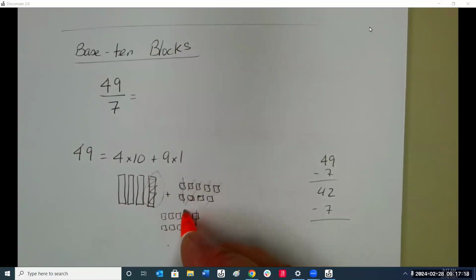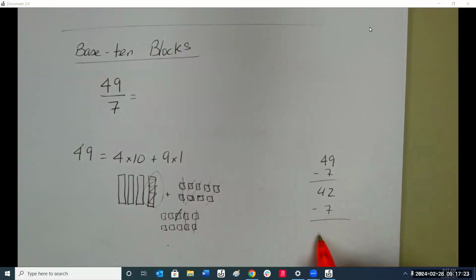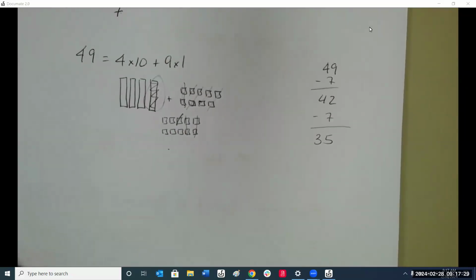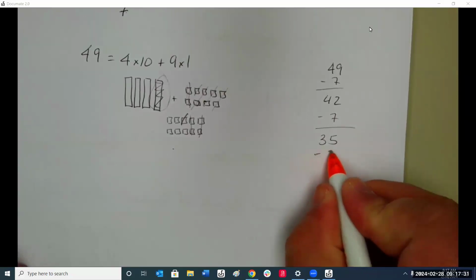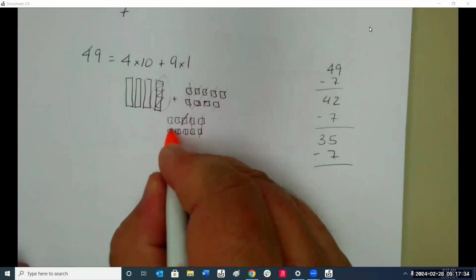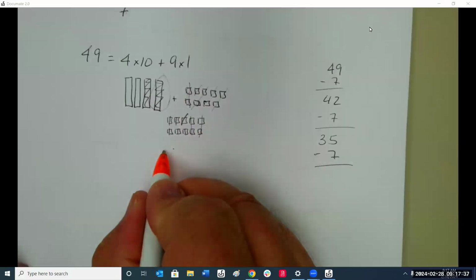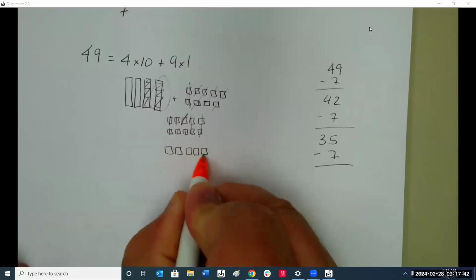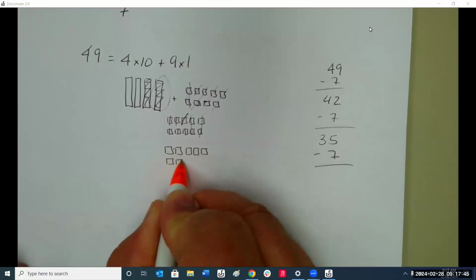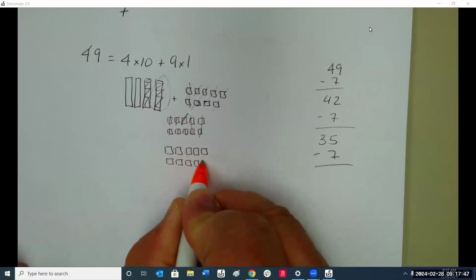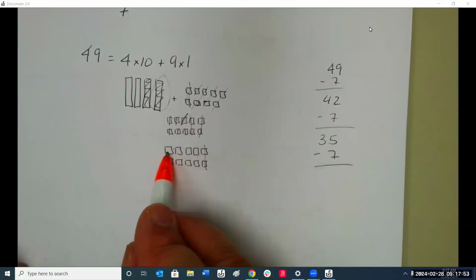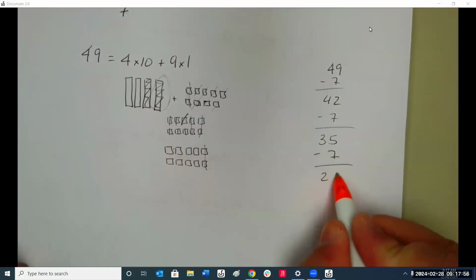That's 1, 2, 3, 4, 5, 6, 7. That leaves us with 35. Do it again. 1, 2, 3, 4, 5. We got to borrow another one of these. So we had 5 here, 6, 7. That leaves us with 28.